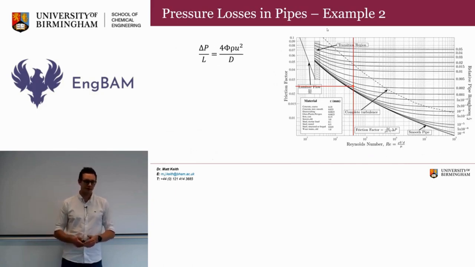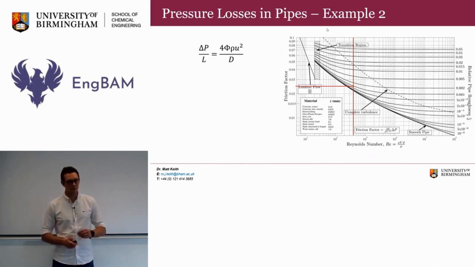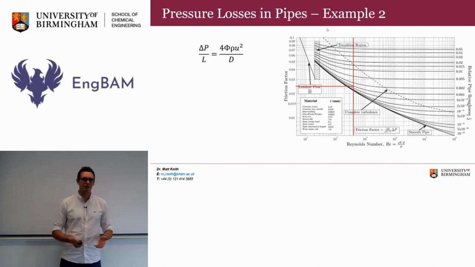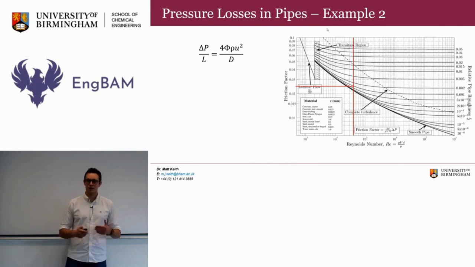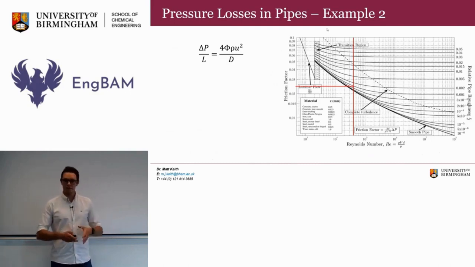So we have our friction factor, we have the equation that we derived earlier, but you notice that we've moved the length term, our L, from the right-hand side to the left-hand side, and that enables us to calculate our pressure loss, or delta P, per unit length, rather than being given a total length of pipe.